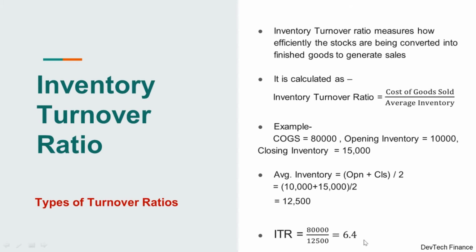Say we are talking about company XYZ, which in the previous year had an inventory turnover ratio of 5 and this year has 6.4. So obviously it has done better because the inventory turnover ratio is high, which means it has efficiently utilized its stock in converting that into sales.